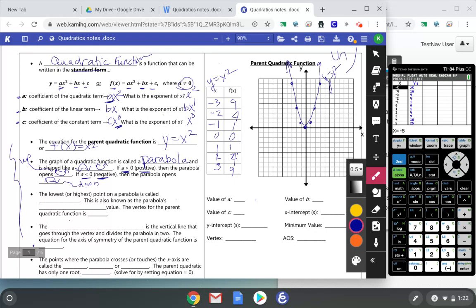So when the curve comes down, it reaches, in this case, a low point. This low point is then that turning point where it starts to go back up. That turning point, we call the vertex.